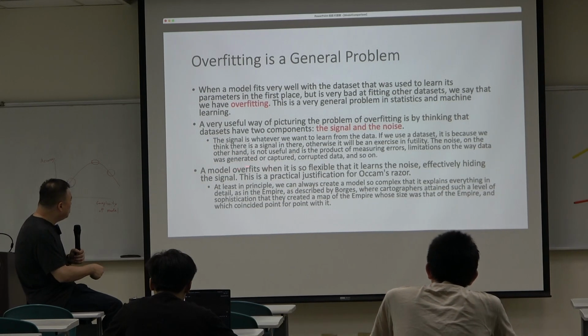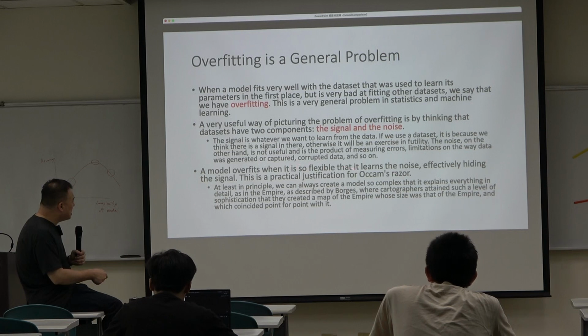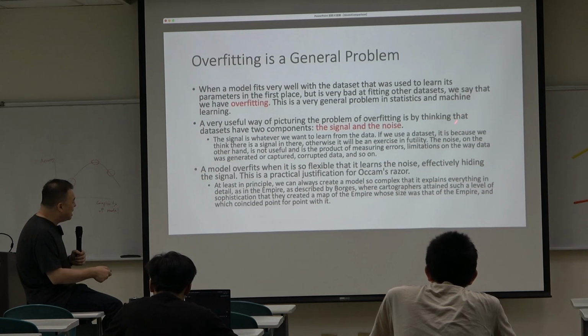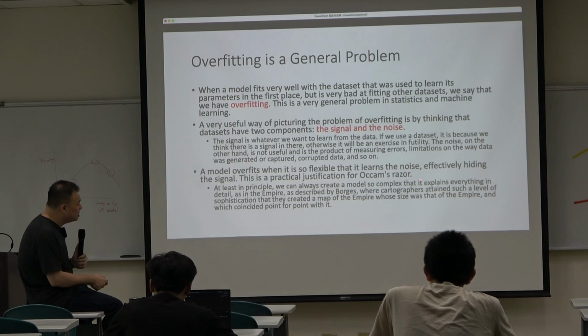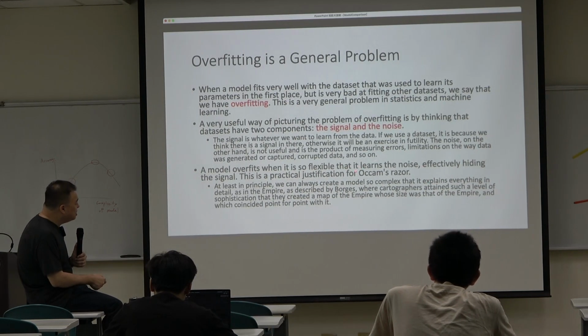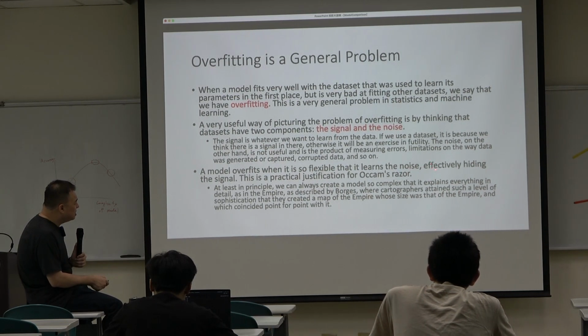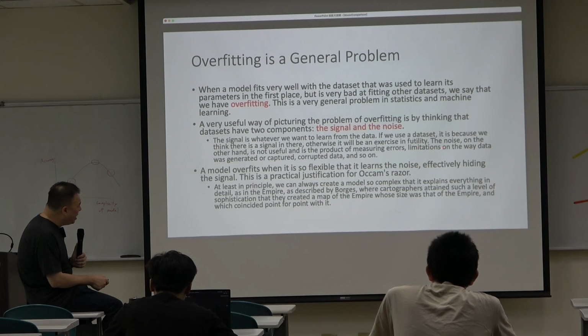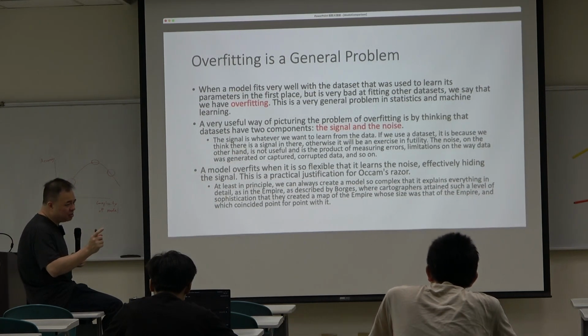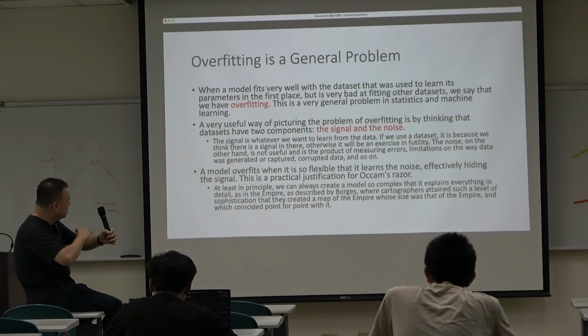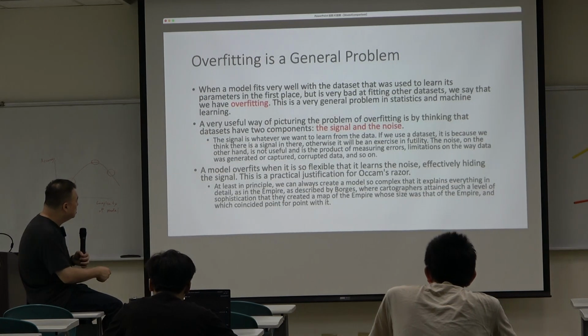So a model overfits when it is so flexible that it learns not only the signal but also the noise. It learns the noise too well and it will hide the signal. Even though normally it also learns the signal, the noise actually hides it.